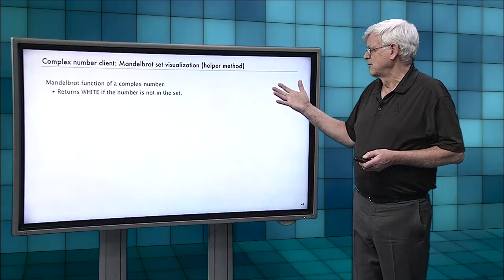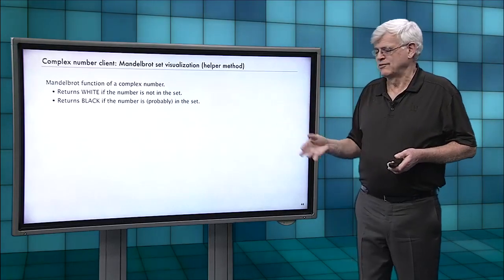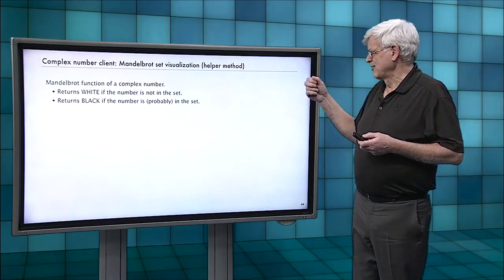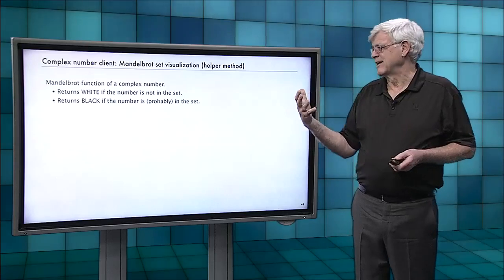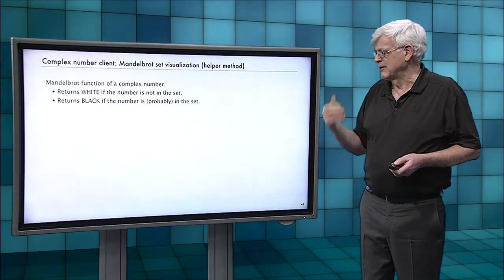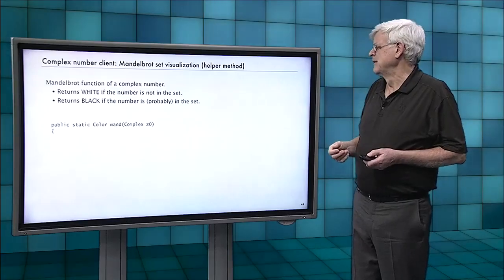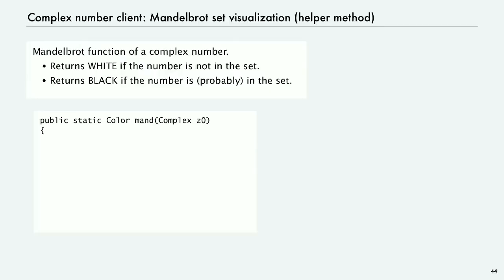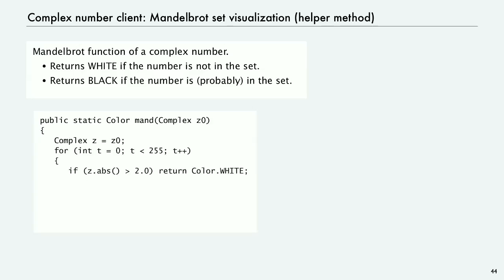All right, so let's look at the visualization. So first one we want is just a function that returns white if a number is not in the set, and returns black if, well, iterates 255 times. So that's a complex client. It's going to return a color, takes as argument our starting point, and for 255 times, first of all, it's going to check if the absolute value of our number is bigger than 2.